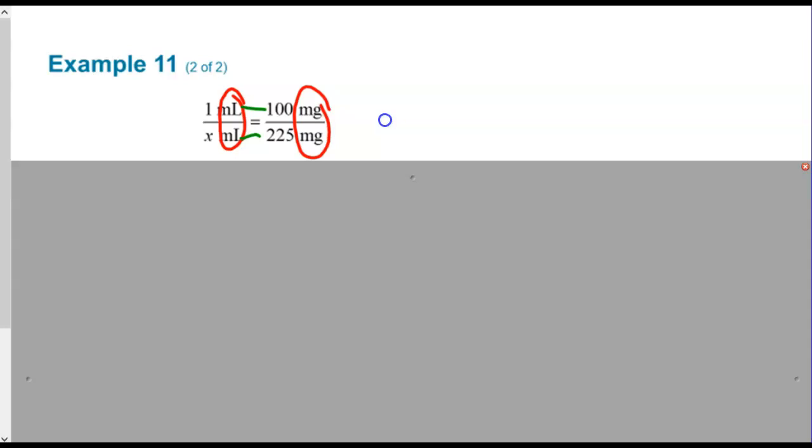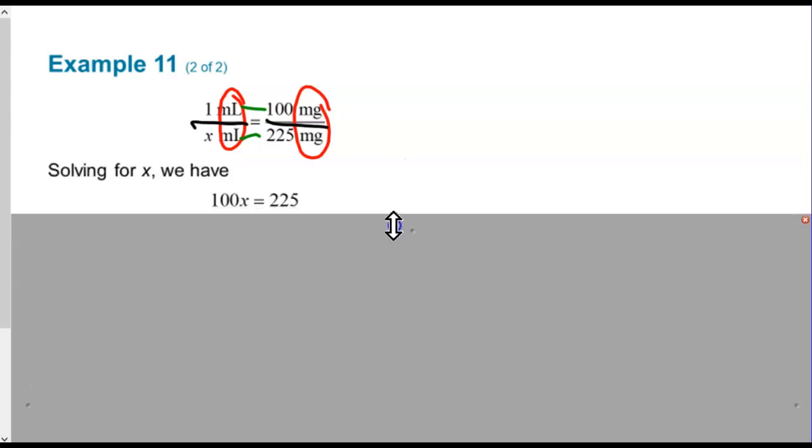But notice it's important that the units are always on the same side, and that is so you can reduce them. Remember, when you have a line, that means divide by, and you need to divide by like terms, or like units, so milliliter by milliliter, milligram by milligram in this case.